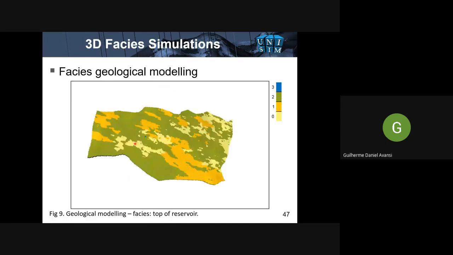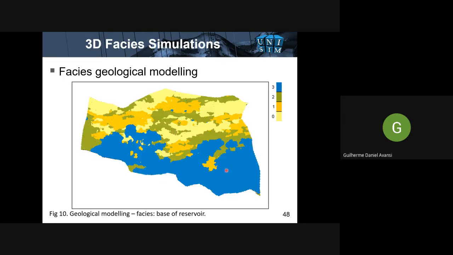This is the information that you have at the top of the reservoir, and this is the base. Just remember, when we observed the vertical proportion curve, I mentioned that phase 3 is concentrated on the base of the reservoir, and this is what we are seeing here. At the base of the reservoir, phase 3 is the most frequent one.